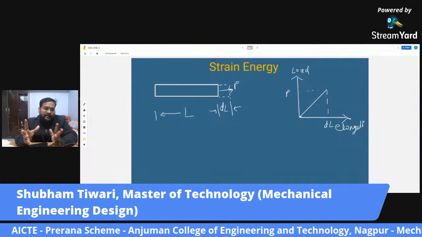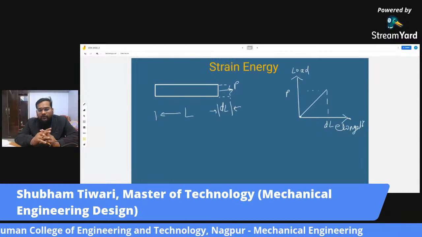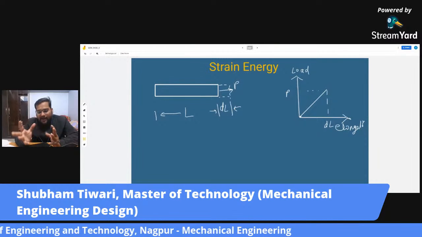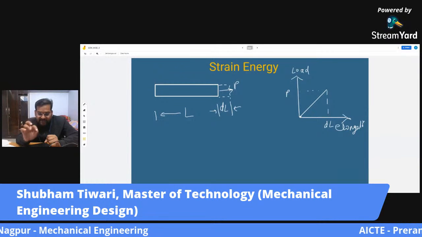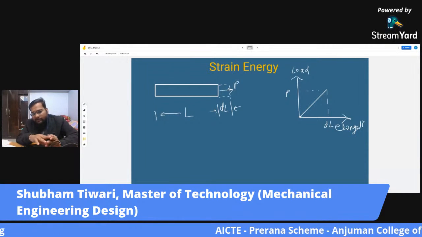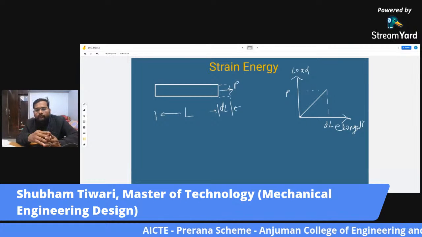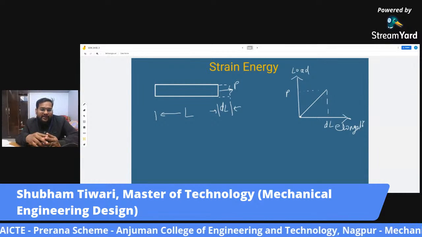Now, what happens when a material gets deformed or elongated is that under the action of that load, it stores some energy within it. It uses that energy to regain its original shape whenever that force is removed. So this energy is known as strain energy.